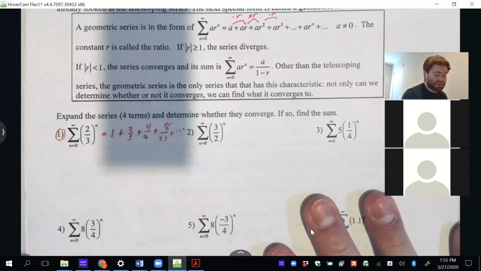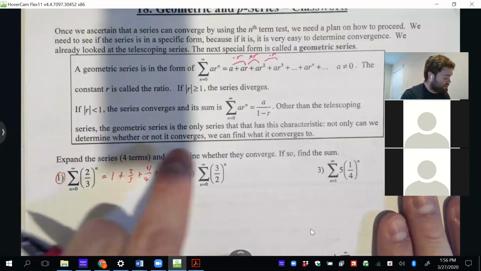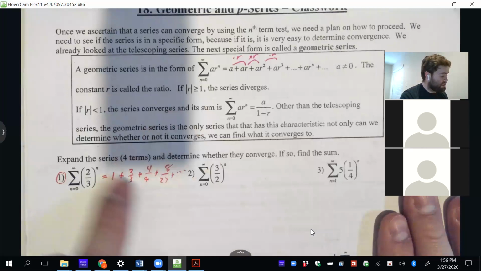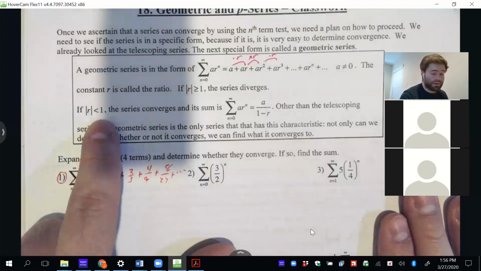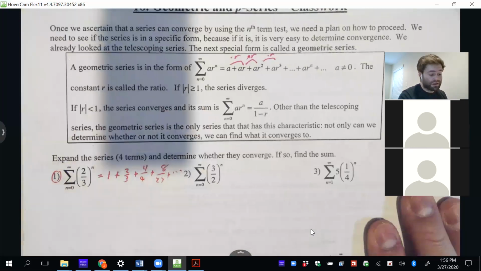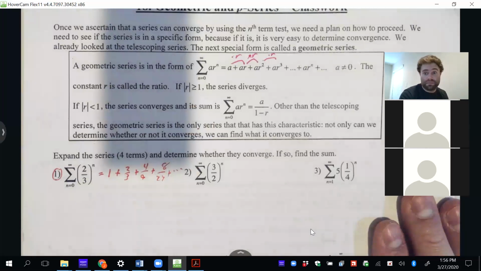Well, in a geometric series, we are told that it will diverge if the absolute value of R is greater than or equal to 1, and it will converge if the absolute value of R is less than 1. So in order to determine whether it converges or diverges, we have to identify what R is. If you identify that it is a geometric series, you have to state what the R is.